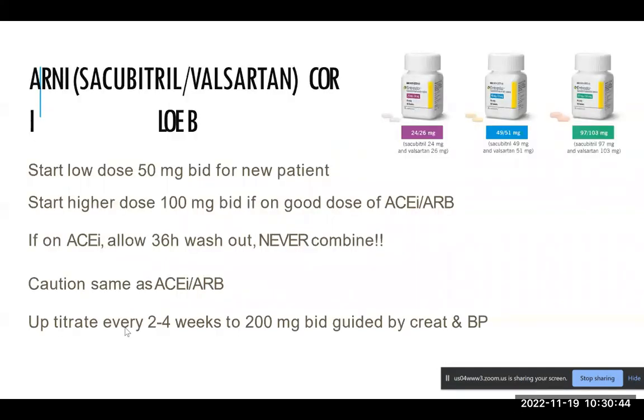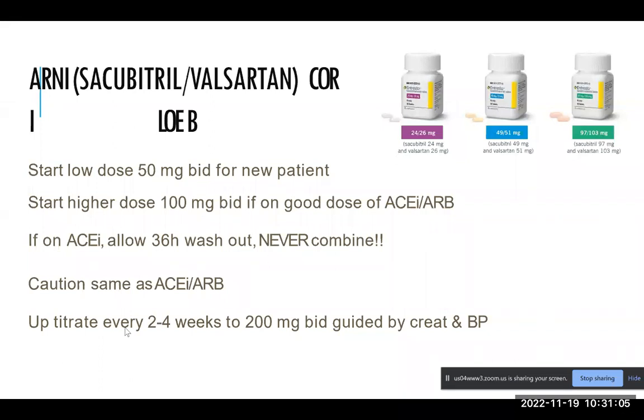If you look at ARNI, which is sacubitril and valsartan, class of recommendation is 1. So we usually start with a low dose, 50 BID, for a new patient. If your patient is already on ACE or ARBs and you want to change, then you start with 100 BID.